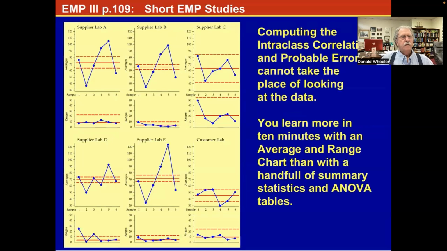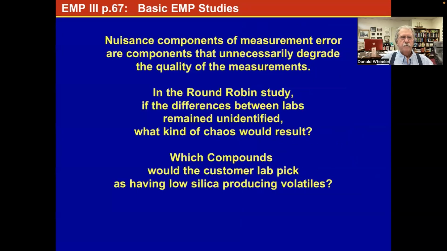A, B, C, D, and E all show 4 and 5 as high. The customer lab would pick 4 and 5 as low. Nuisance components of measurement error can really mess things up. So we need to be able to identify them and get rid of them.